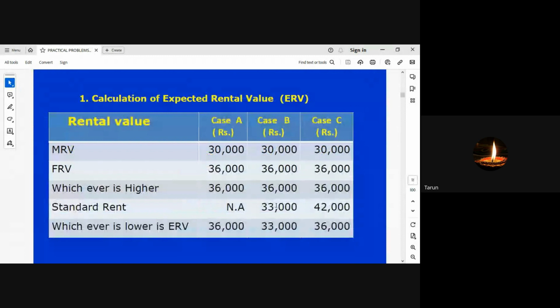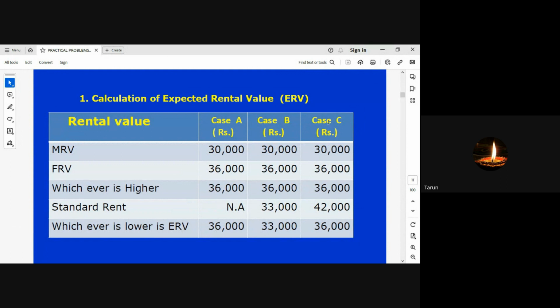Whichever is lower is the expected rent. What is the lower amount? 33,000 is the lower amount. So 33,000 is the ERV, the expected rental value, or in other words, the reasonable expected rent.